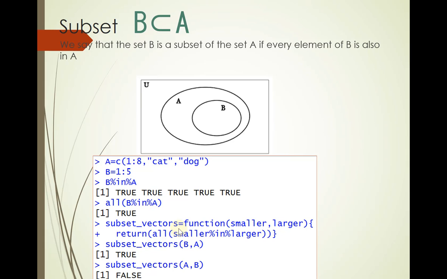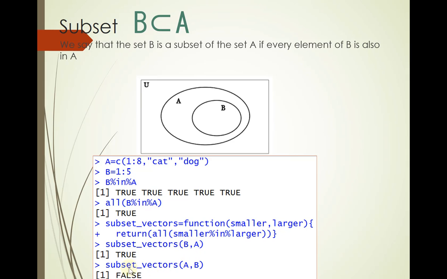So finally, we've written this subset vectors function, and we use match in this way, smaller in larger, and then we applied all to that. So if they're all true, then that's when we want to say that B is a subset of A, and so this will work. And we try it here, and it works.